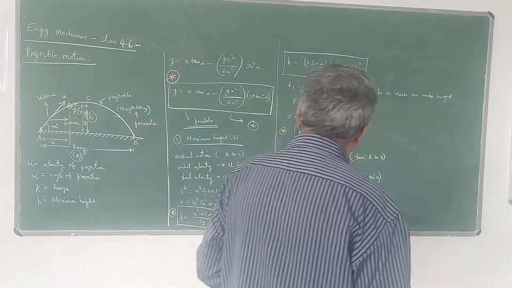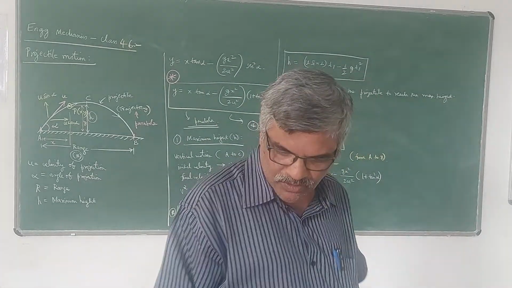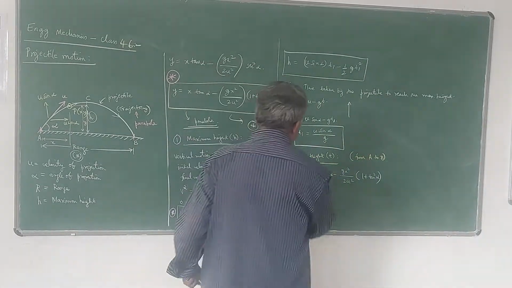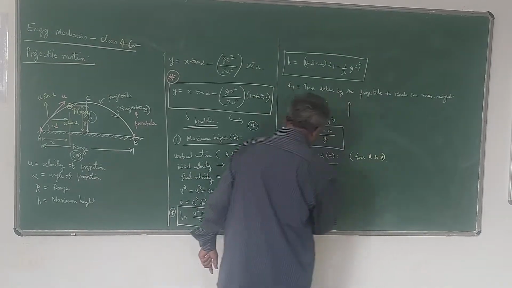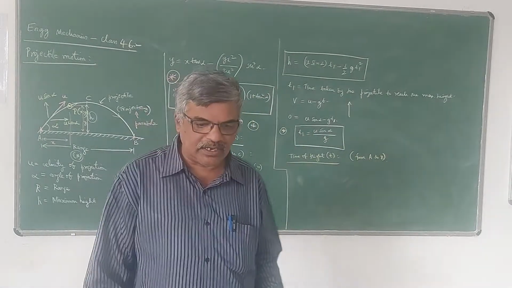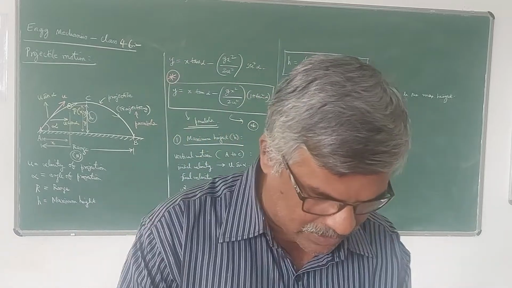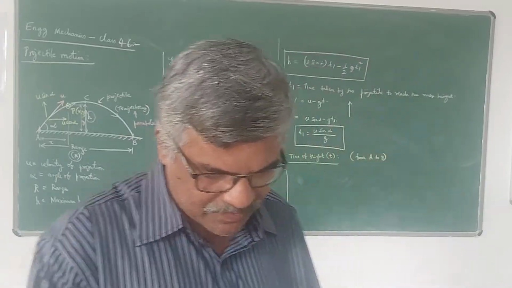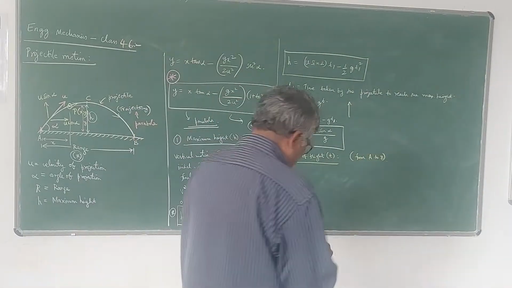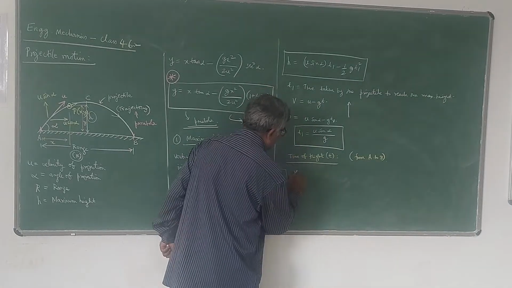Of course, you can do it another way also. I will take the vertical motion equation as well as the horizontal motion equation. So what is the vertical motion equation?